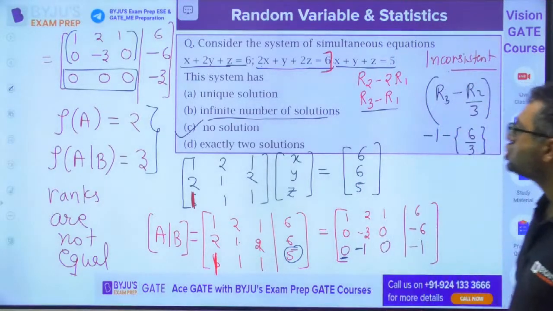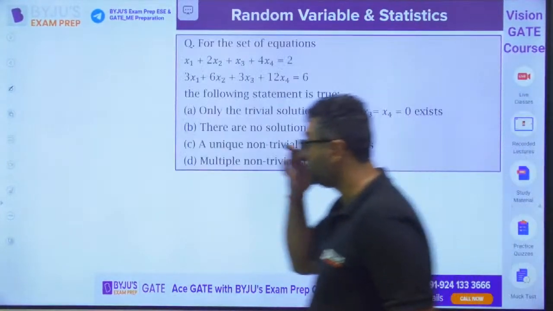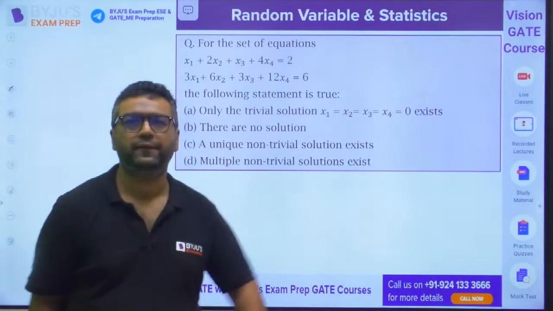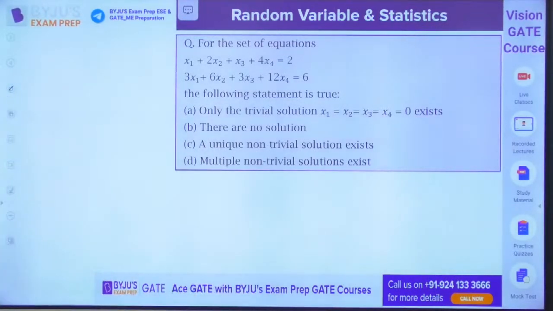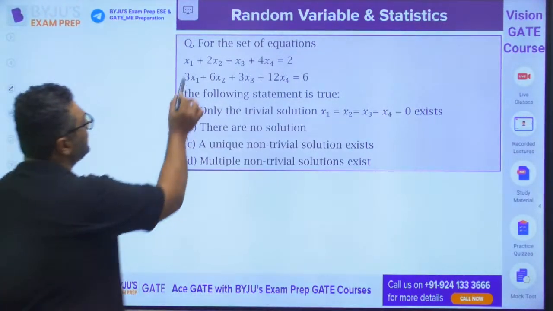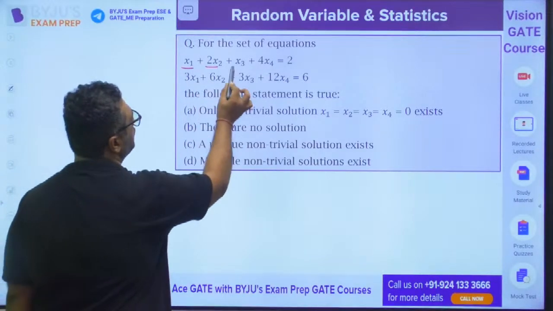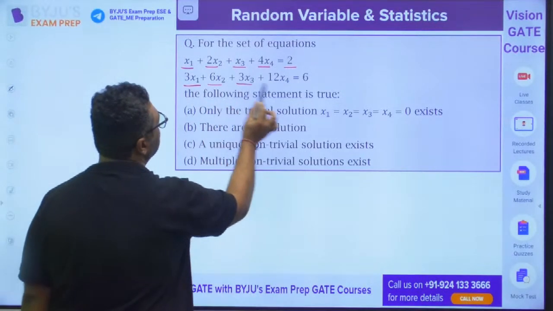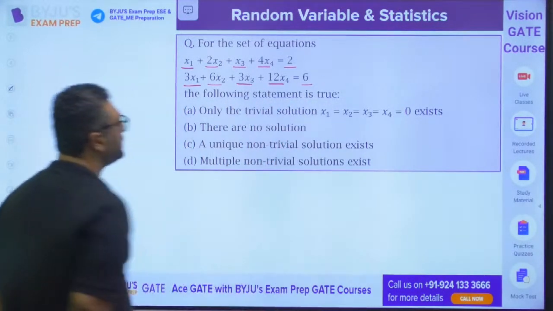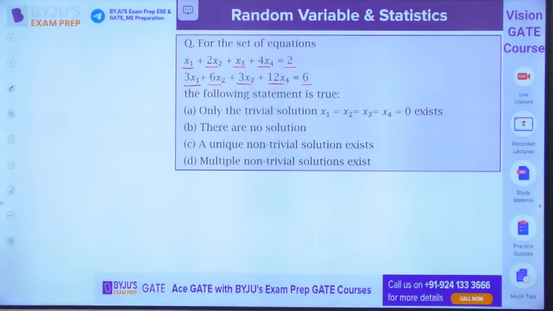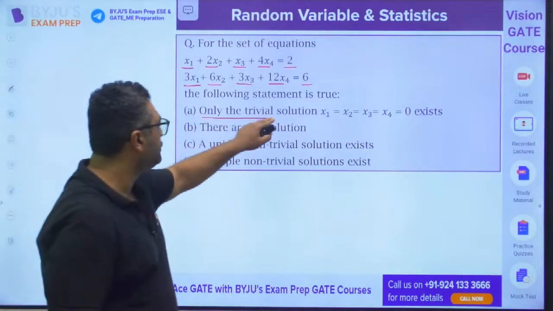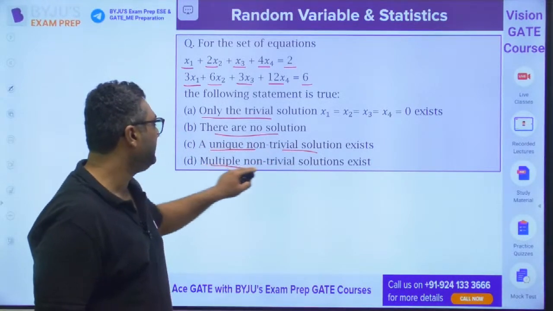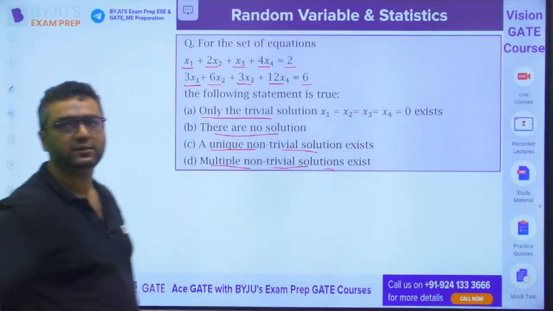Okay, guys, so move further. This is the next question of a similar concept. This question says, for the set of equations x1 plus 2x2 plus x3 plus 4x4 is 2, and 3x1 plus 6x2 plus 3x3 plus 12x4 is 6, which holds: only the trivial solution, no solution, a unique non-trivial solution, or multiple non-trivial solutions?